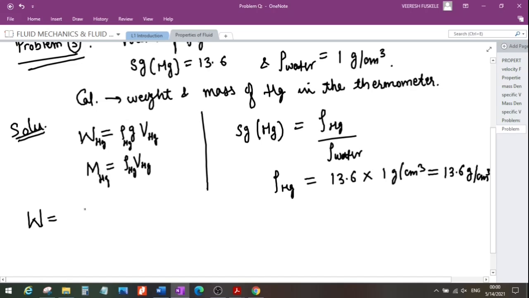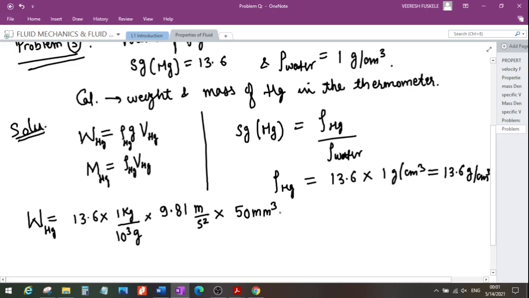So weight of mercury can be found out by density of mercury, that is 13.6, and just converting the units into g, that is 9.81 meter per second square, multiplied by 50 millimeter cube, multiplied by 1 centimeter divided by 10 millimeter, whole cubed.